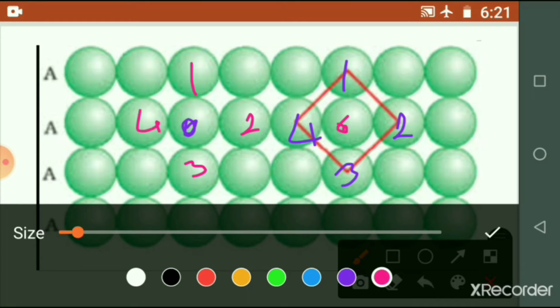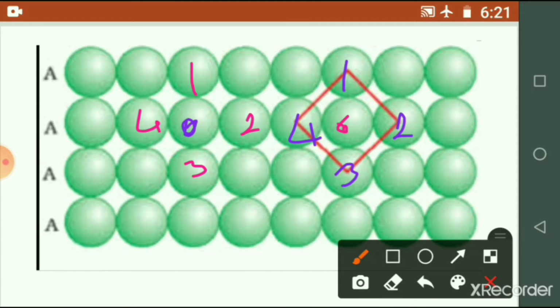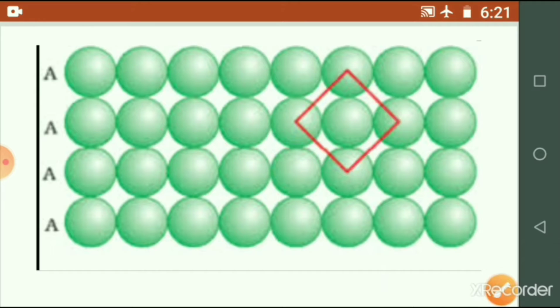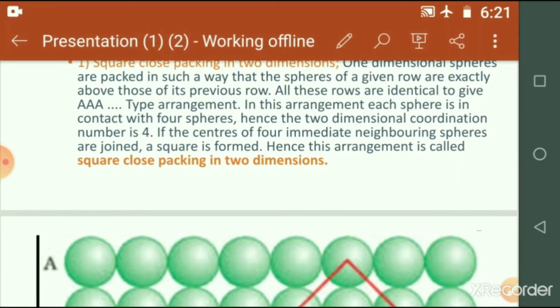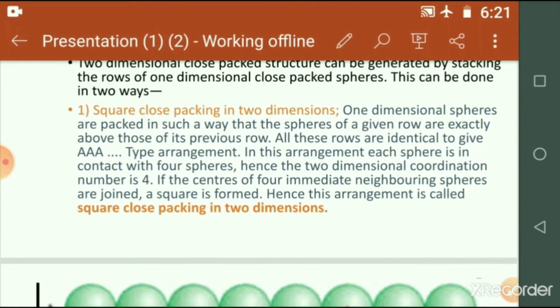Similarly, any other atom is touched by 4 other atoms, and if we join the centers of these atoms, we will get a square. That's why it is also called two-dimensional square close packing, and the coordination number of any atom in this case is 4. Okay, so square close packing in two dimensions.